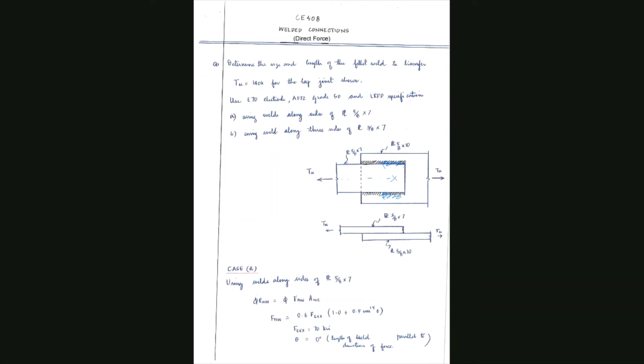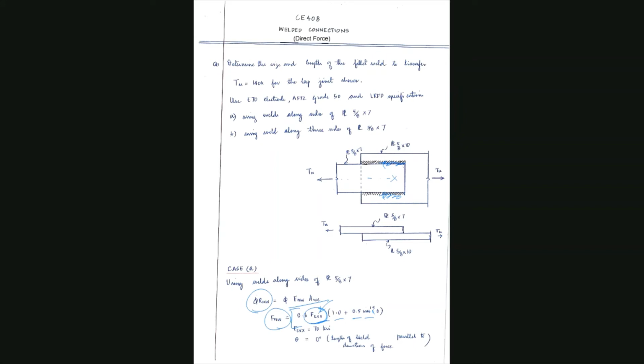And now we find the strength of the weld. The strength of the weld is found using this equation, phi R_nw, which we just discussed a few minutes back. So you have phi F_nw A_we. Now F_nw is something that we need to discuss. It is 0.6 F_EXX, which is the strength of the weld, times (1 + 0.5 sin^1.5 θ). Make sure it is sine to the power of 1.5 theta.